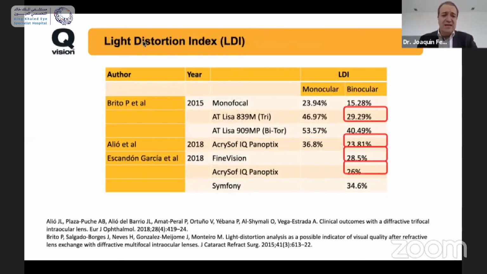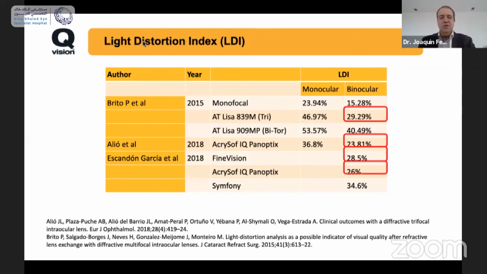But we know, for example, that Dr. L. Alió published a paper based on the Allometer of Gonzalo Mejome, which tells us that the light distortion index is a parameter that gives us an idea of dysphotopsia in different patients. It tells us that with Symphony, we do not have a reduction of this parameter compared with trifocal lenses.